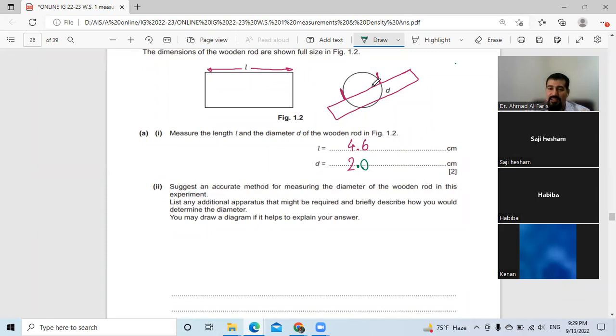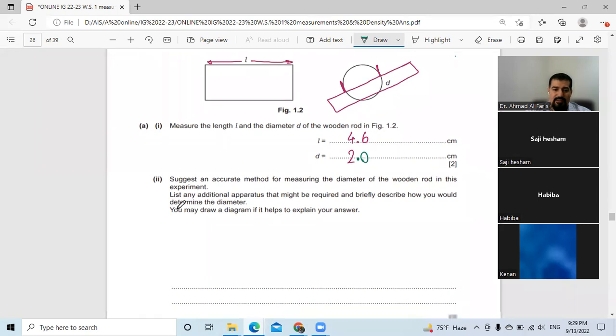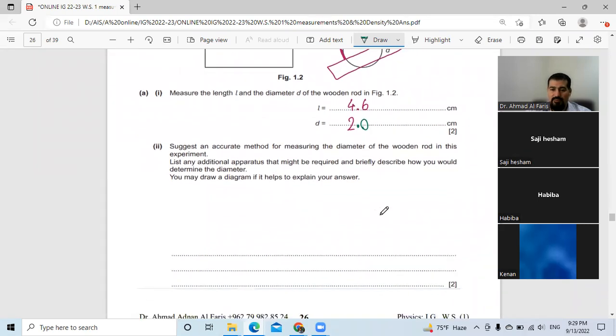In reality, how can I measure the diameter? It's very hard. List the additional apparatus that might be required, briefly. Describe how you could determine the diameter. You may draw if you wish. Do you know what I will do?